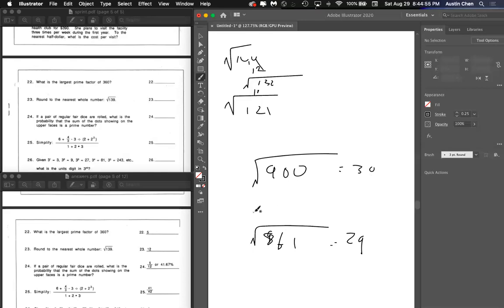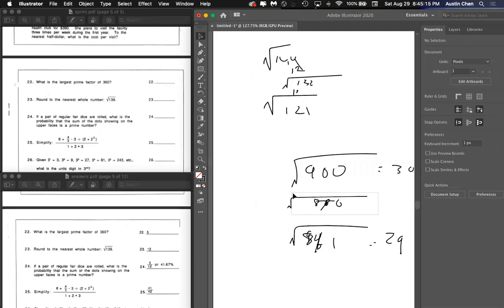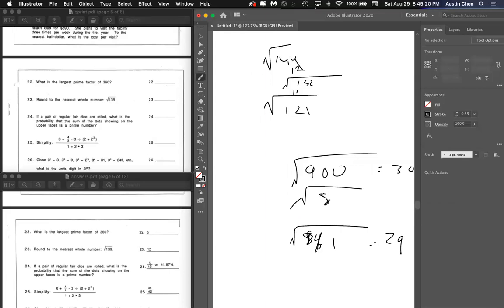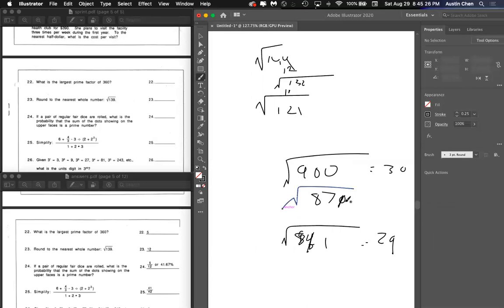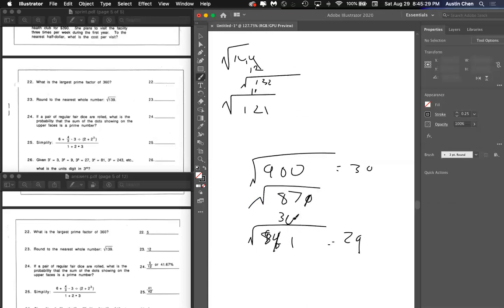Now, let's say you had the square root of 871. This is 30 away from 841, and this is 29 away from 900.